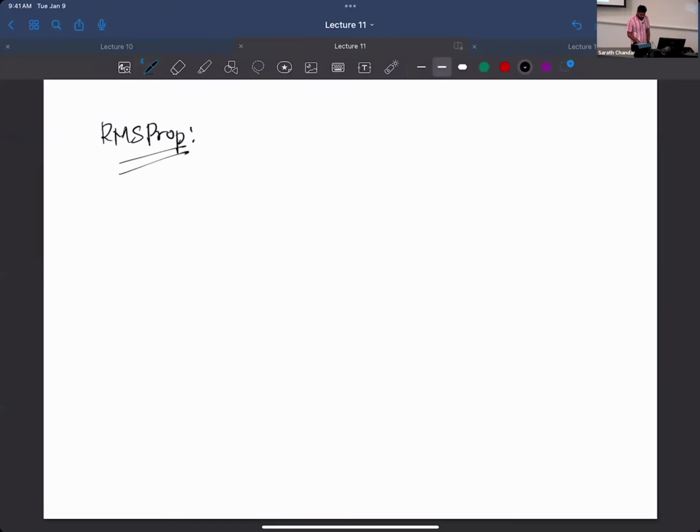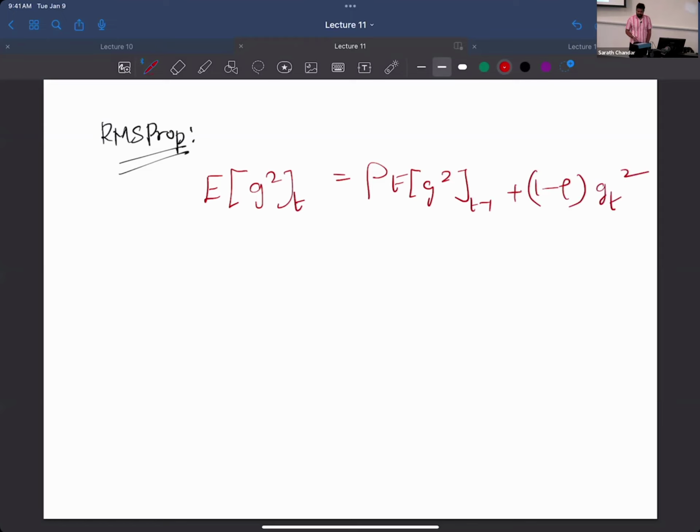RMSProp is another adaptive gradient method, which basically maintains the gradient square statistics, E[g²](t), which is given by rho times E[g²](t-1) plus (1 minus rho) times g_t².